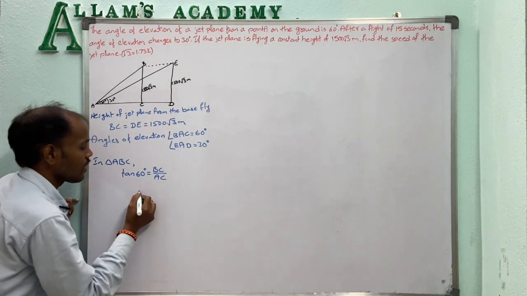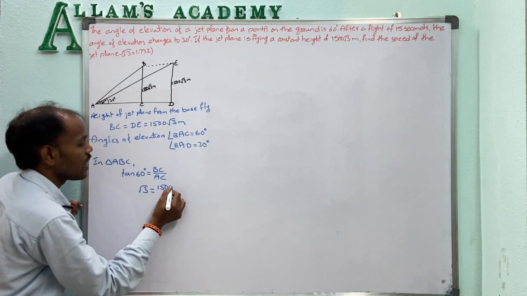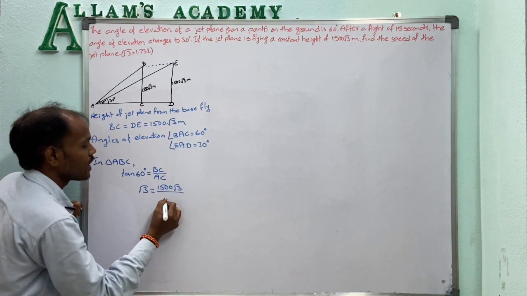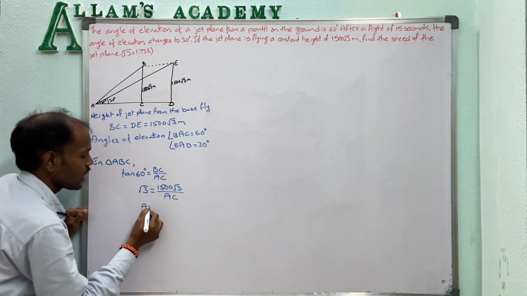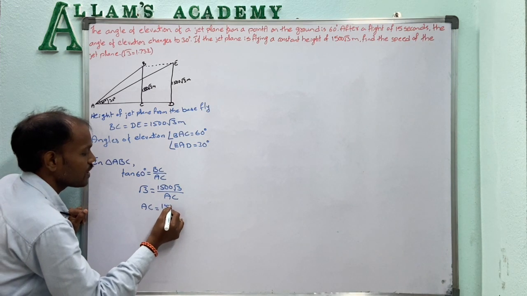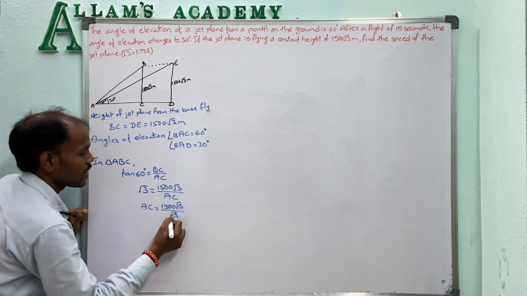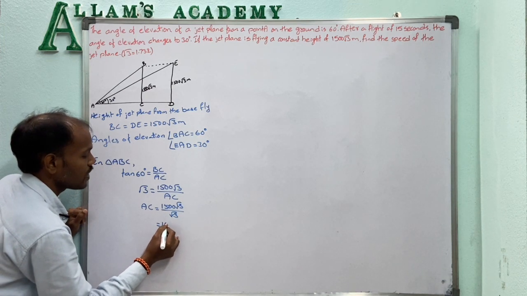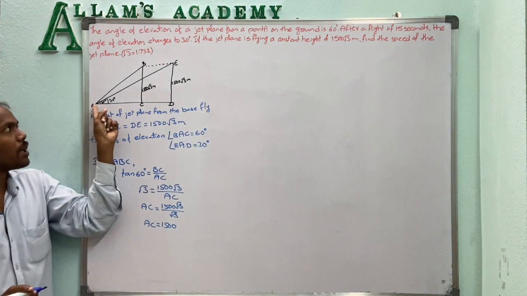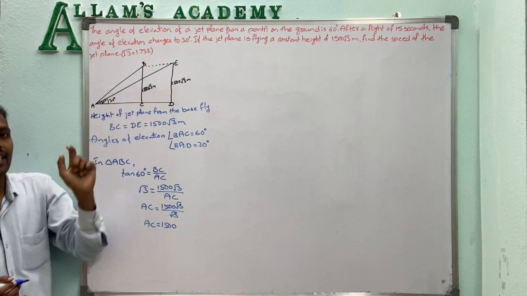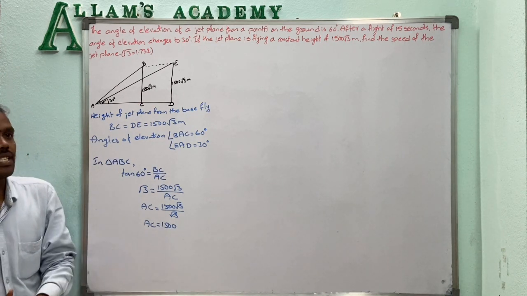Tan 60 equals root 3. The BC value is 1500 root 3 by AC. Now by cross multiplication, AC equals 1500 root 3 by root 3. Root 3 gets cancelled, that equals 1500. So AC equals 1500. So from the base to the starting point, the plane is at a distance of 1500 meters.